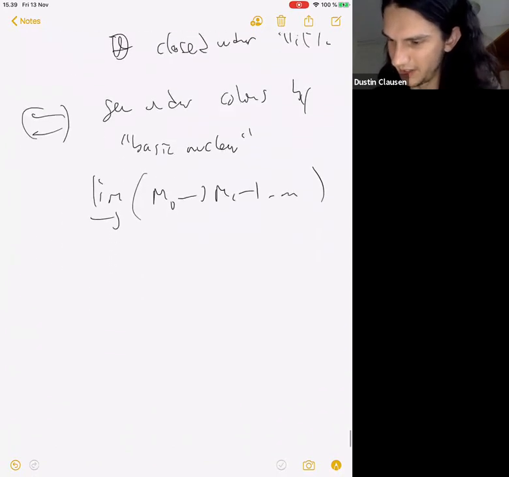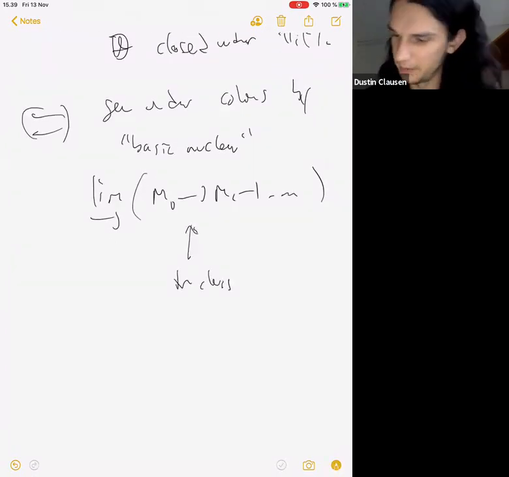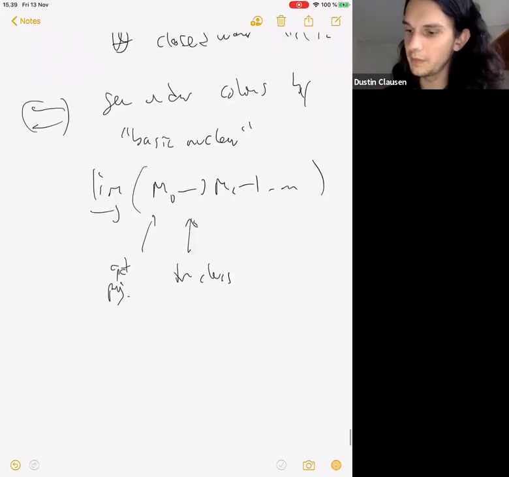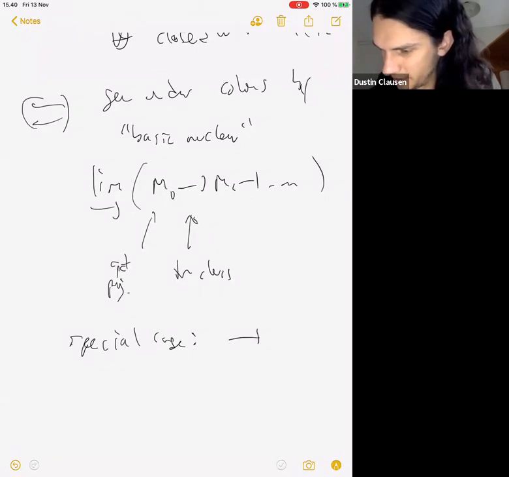So these are trace class maps in the inherent p-liquid setting, and these are compact projectives. A special case is where all the maps are inclusions.